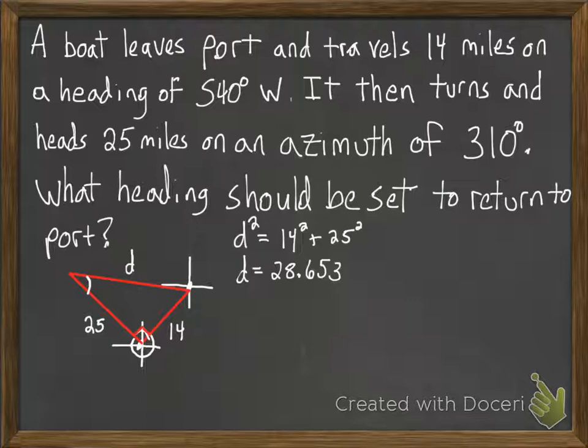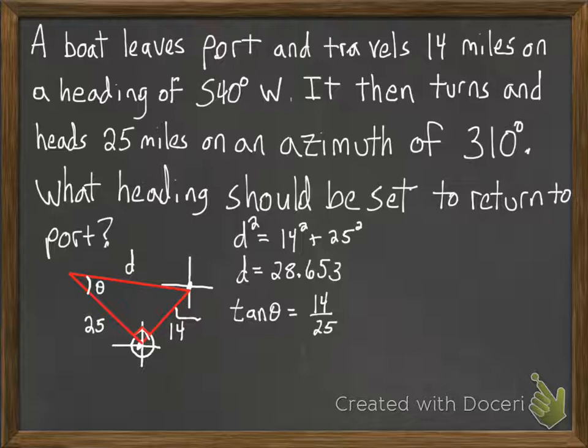Okay. And now that I've found D, I'm going to go ahead and find the angle there. Call it theta. And then tangent theta would equal opposite over adjacent. Now why not use D even though I've found it?